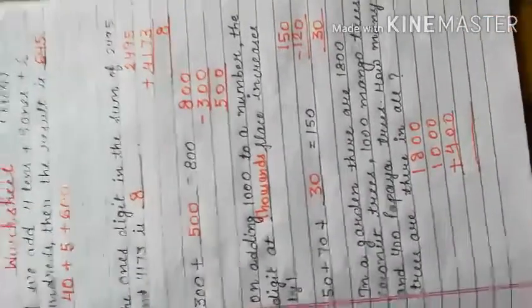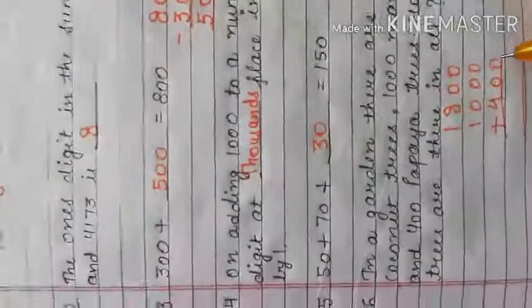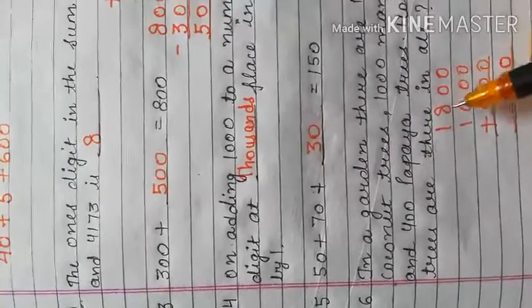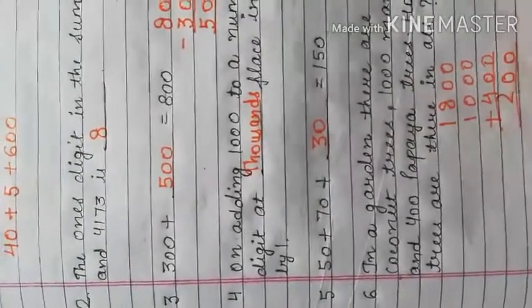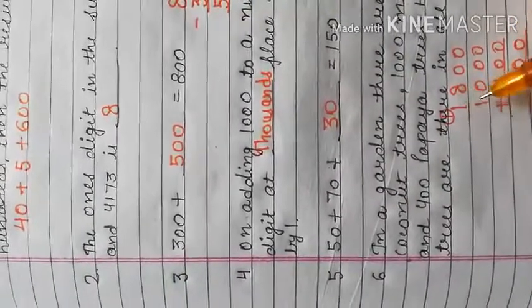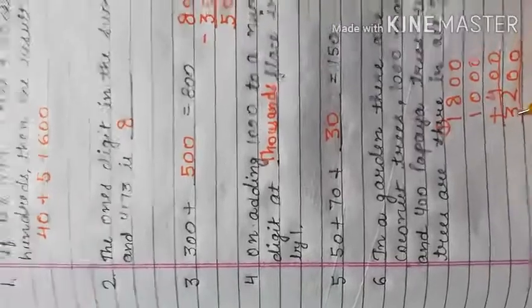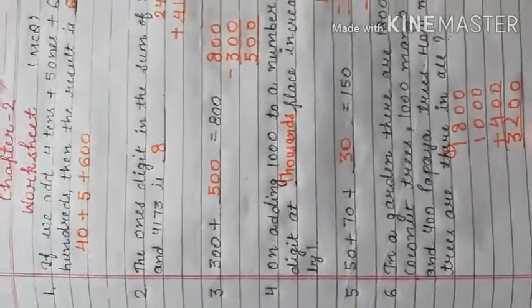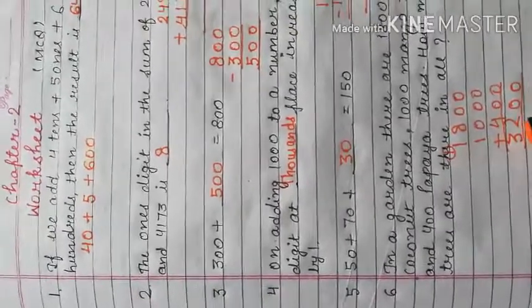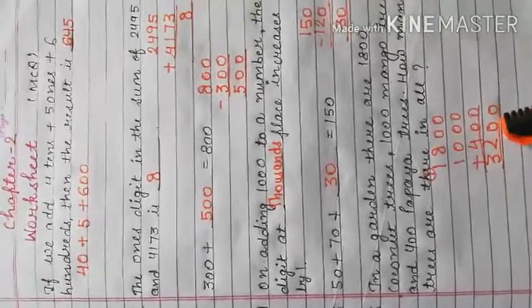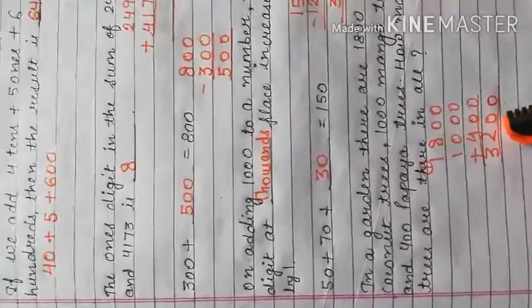Just add. So here I have arranged this sum, and it will be like 0, 0, 8 plus 4, that is 12, 1 will be carried forward, and 1 plus 1 plus 1, that is 3. That means in total we have 3200 trees in the garden. So the option with 3200 is the correct option, and we will just put a tick mark on that number.